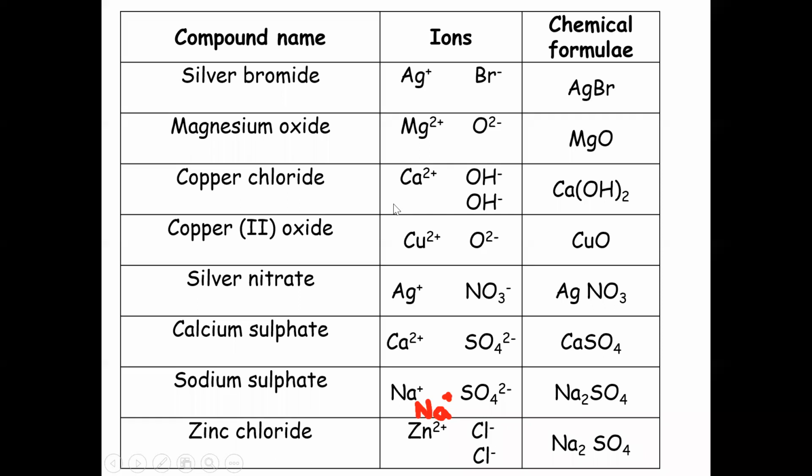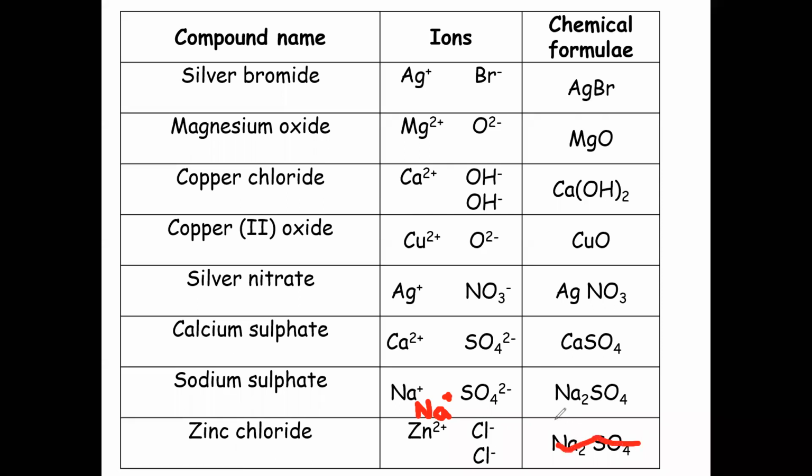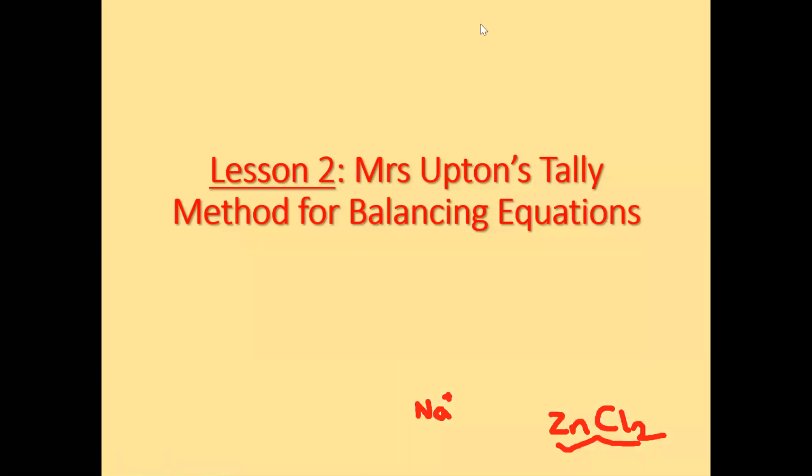You can see that for that one, you would actually have ZnCl2, okay? And the reason why it's ZnCl2 is because you have 1 zinc and you have 2 chlorines. Okay, so moving on swiftly. I'm just going to remove my annotations there.